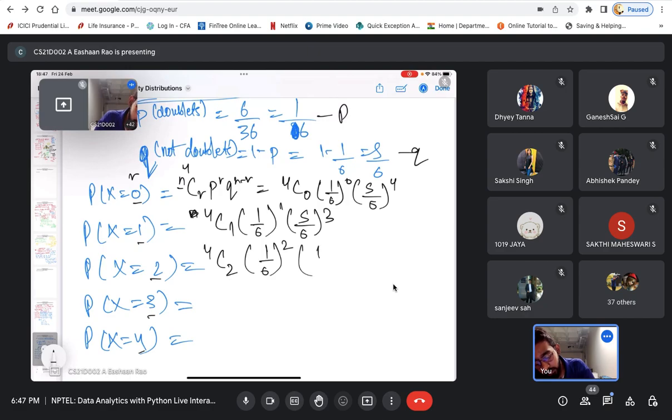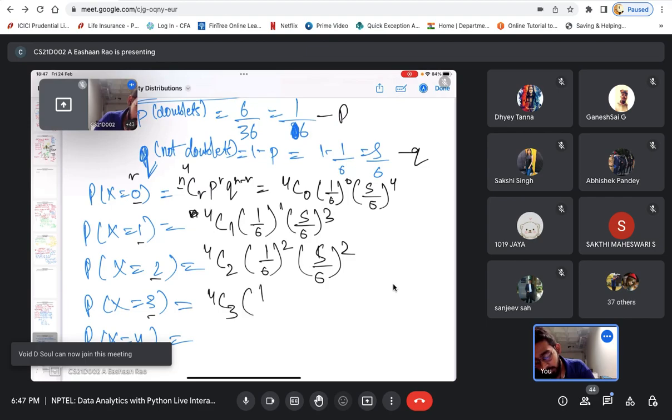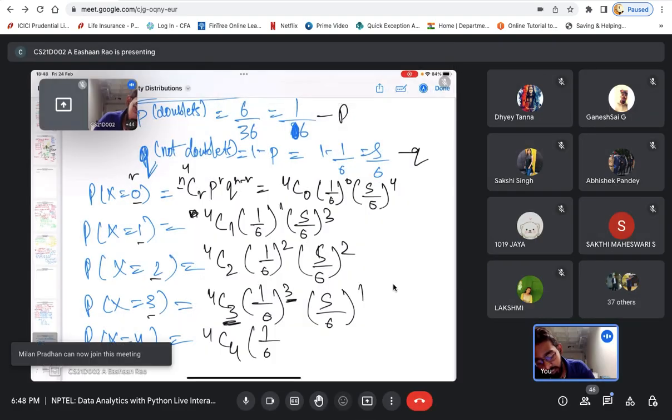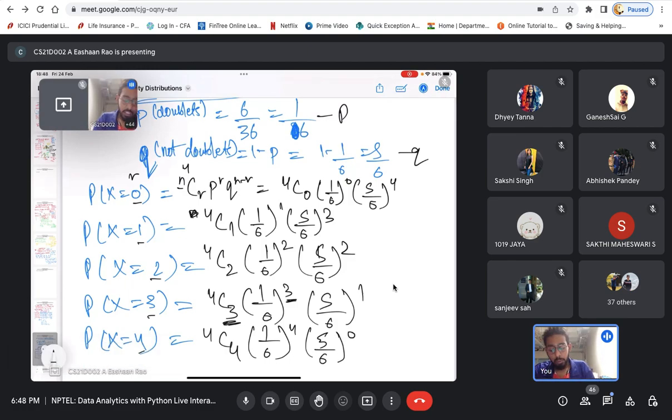Then 4C2, 4C3 (1 by 6) raised to 3, putting the r value here directly and subtracting it from n in the power of 5 by 6, and 4C4 (1 by 6) raised to 4, (5 by 6) raised to 0. Now this is the probability distribution we'll get.